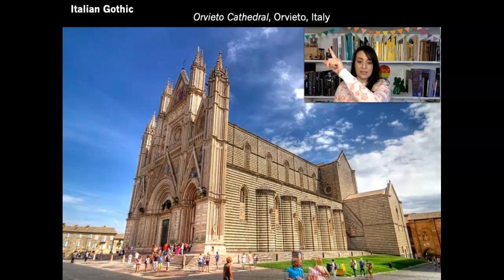Now you'll see here, I've put the title of the artwork in italics, Orvieto Cathedral, and then I've told you the location. It's still in its original location of Orvieto, Italy. That might seem obvious, but it's not always going to be the case.